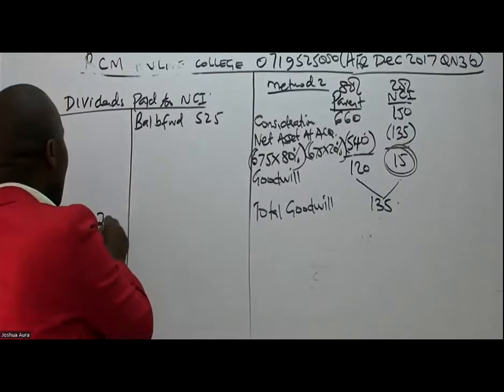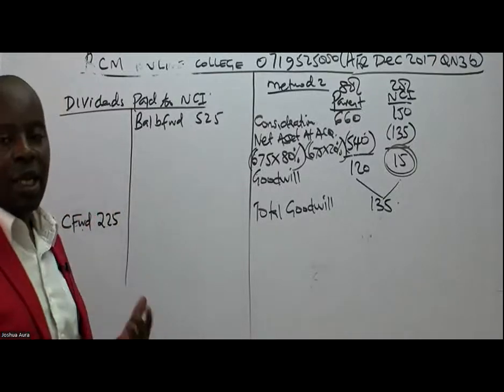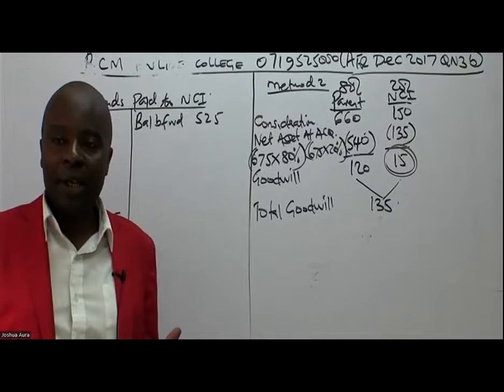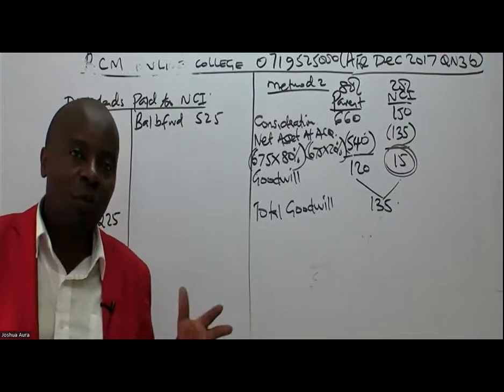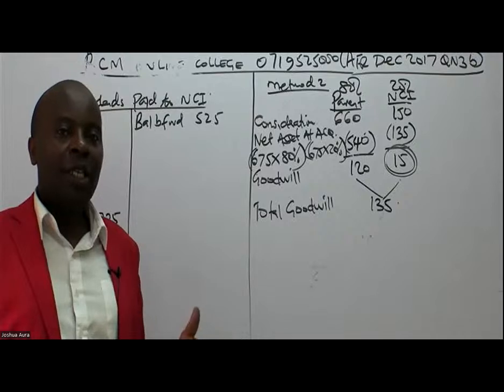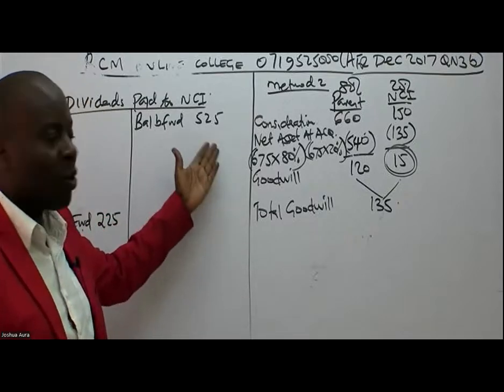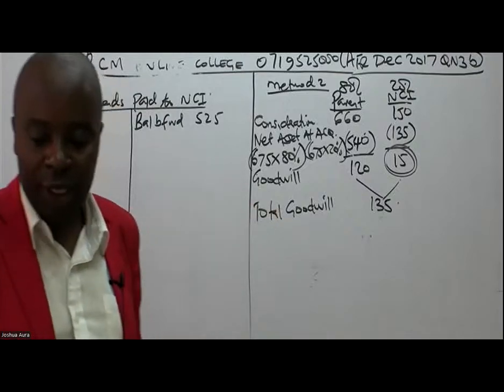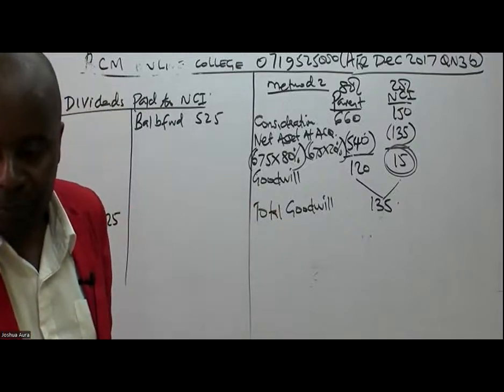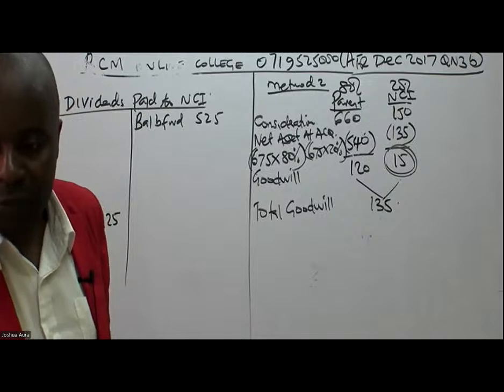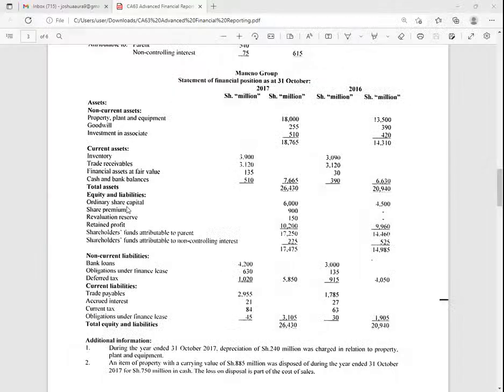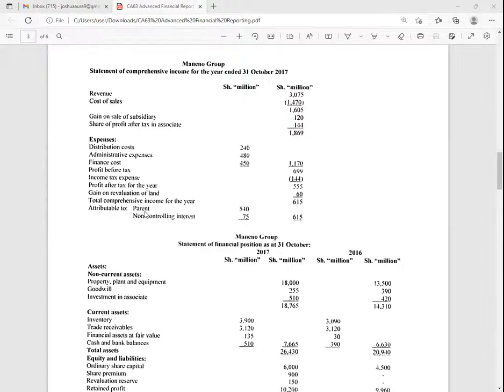So remember, NCIs also share in profitability. During the year, we had some movement in their account, in the form of the share of profit they received. You'll be able to get the share of profit from the income statement, attributable to parent, attributable to non-controlling interest.